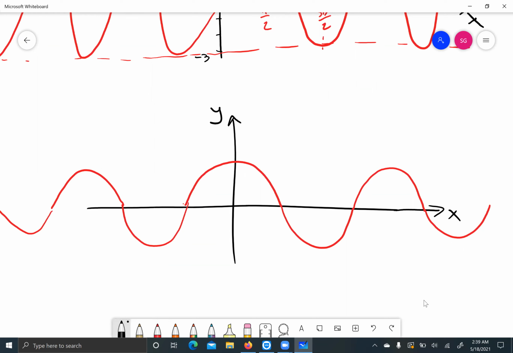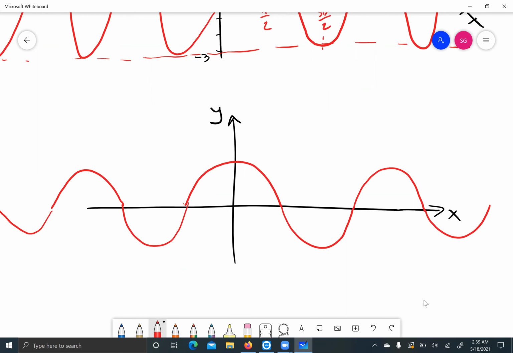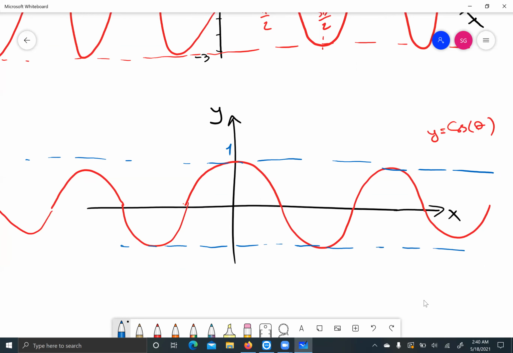So this is the graph of cosine. What is the amplitude? Maybe I write this down. This is the graph of cosine of theta. The amplitude is 1, because this is 1 and -1, right?